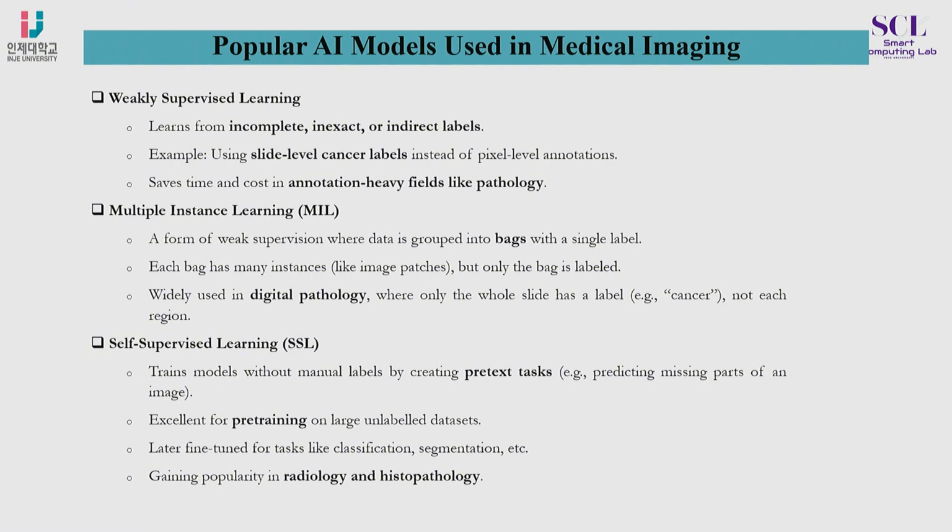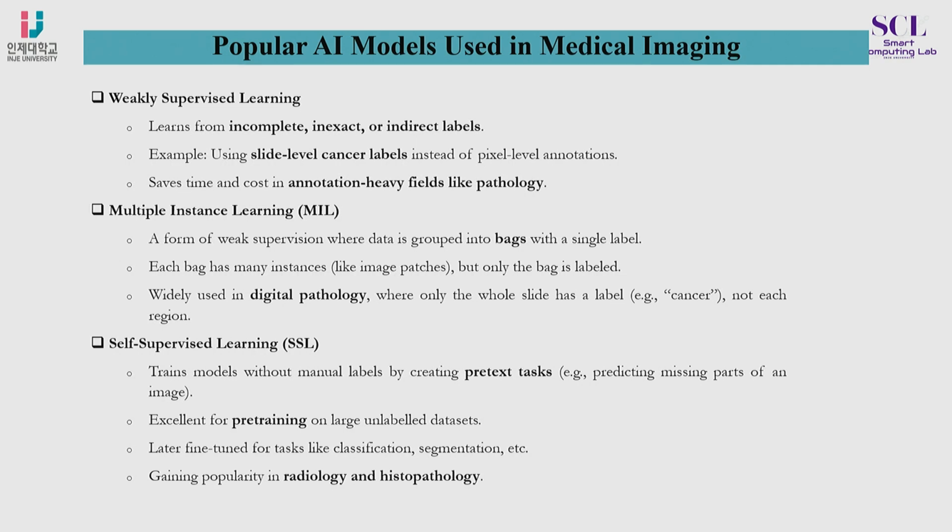So we only need, although this area is tumor area in this whole tissue, we only use weak labels. Weak label means we only use, for example, for this whole slide, maybe we use some label. Based on this label, we can identify which area in this whole slide is the affected area, for example, tumor area.